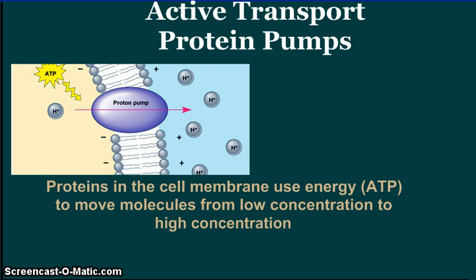The last type of active transport is one that involves protein pumps. And if you look at this diagram right here, you will again see our phospholipid bilayer with our heads and our tails, and we have a protein that is integrated into it right here.